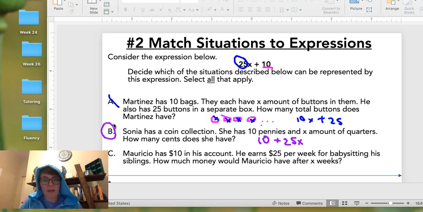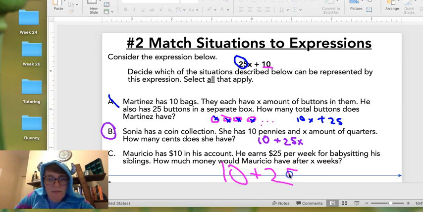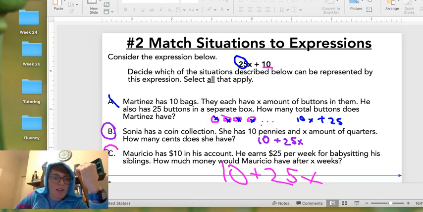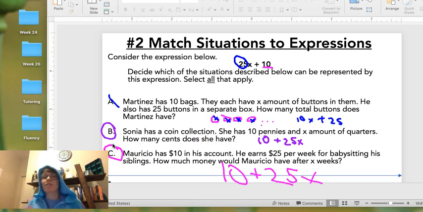That to me sounds like a coefficient because every week it's going to be 25. So I'm going to make sure that I write, he starts with 10, and then I'm adding 25x. If I look at this carefully, it actually is the same as B, which is the same as our original expression. So when I select all that apply, the correct answers are B and C.